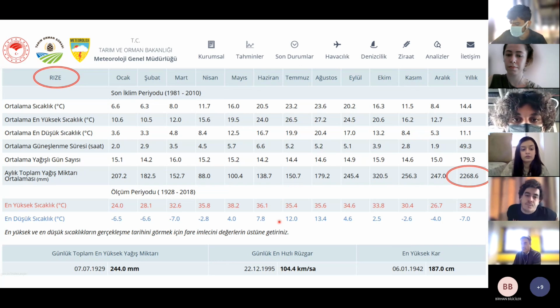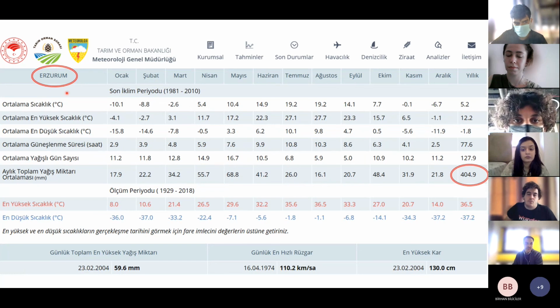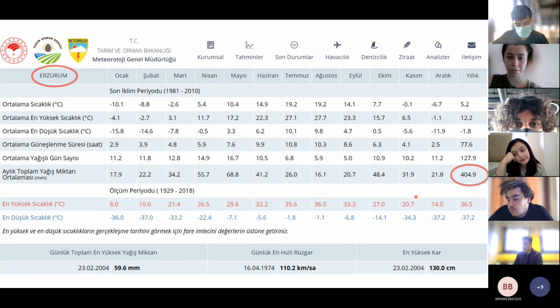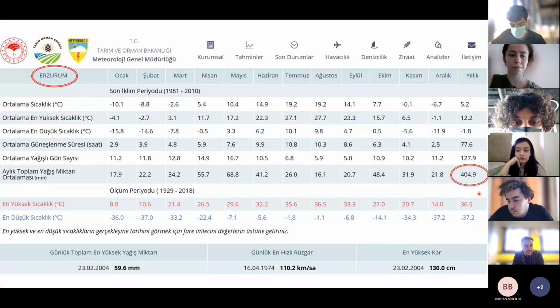So let's go to the same value for Erzurum. Now my province is Erzurum, and these are monthly values, and the annual sum is just 40 centimeter. 40 centimeter, compare it with 220 centimeter. Less than one fifth.